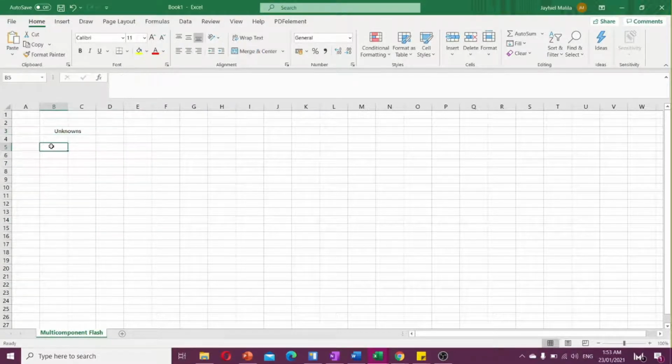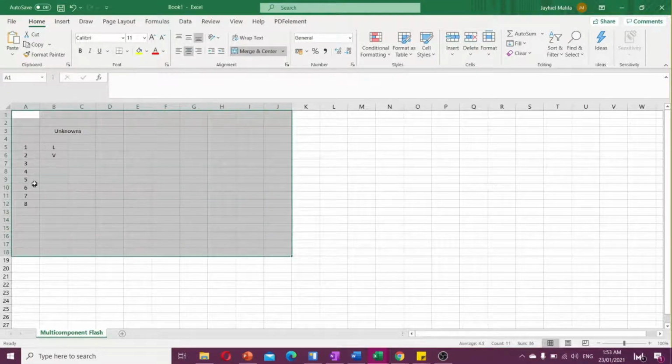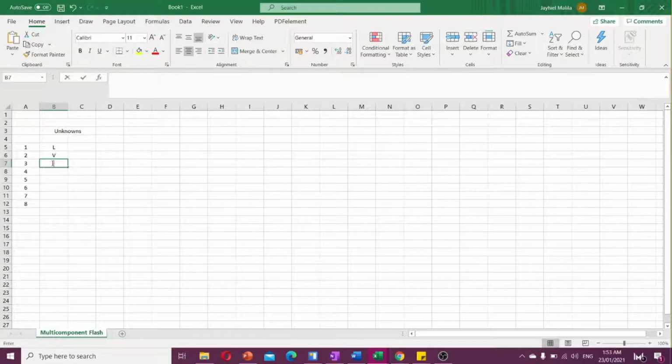We have 8 unknowns, so we can just place them here: 1, 2, 3, 4, 5, 6, 7, 8. I will make L and V unknowns number 1 and number 2, and then x1, x2, x3, y1, y2, and y3 are the other unknowns.